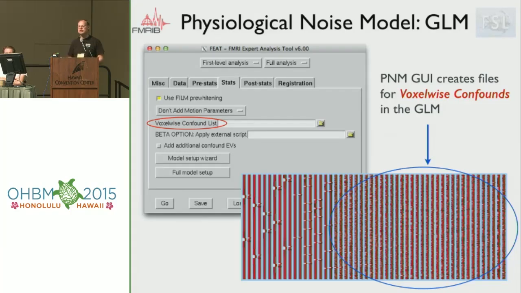We need to sample it differently in different slices and take that into account, particularly when you've got interactions going on and all sorts of other things. So we do a slice-based model when correcting for these things, so that we are taking that information into account.